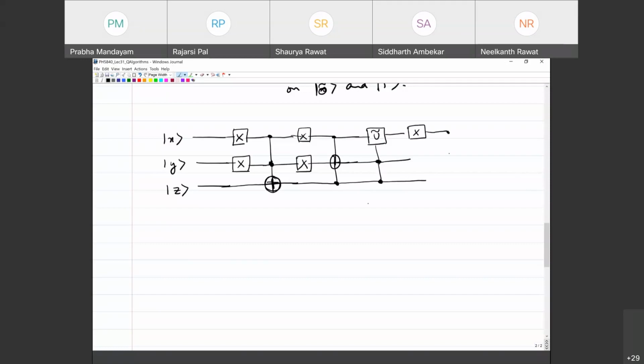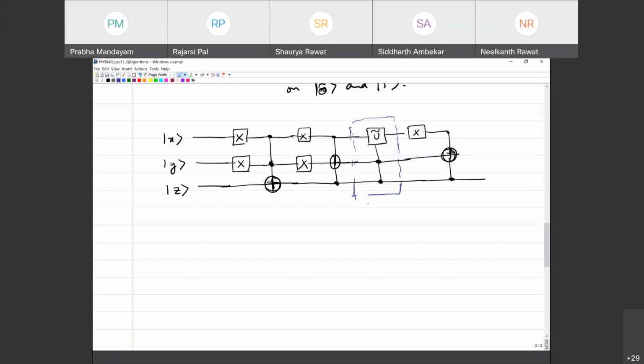So the second part simply reverses whatever is done in the first part by and large. Okay. So you see the heart of the matter is here, that you have a double controlled U tilde, right? The point is U tilde has to kick in when either all the three qubits are 0 or when all the three are 1. Correct?